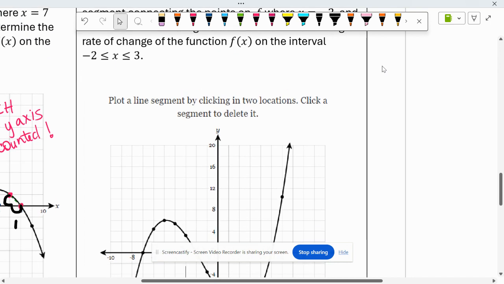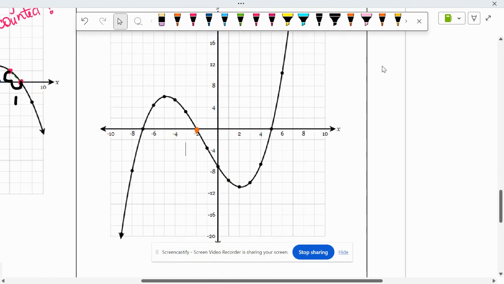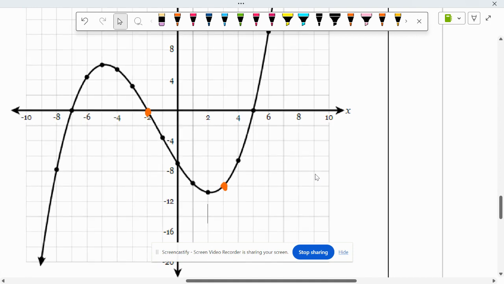And when x is +3, y is what? Let's see, 2, 4, 6, 8. This is -10, right?